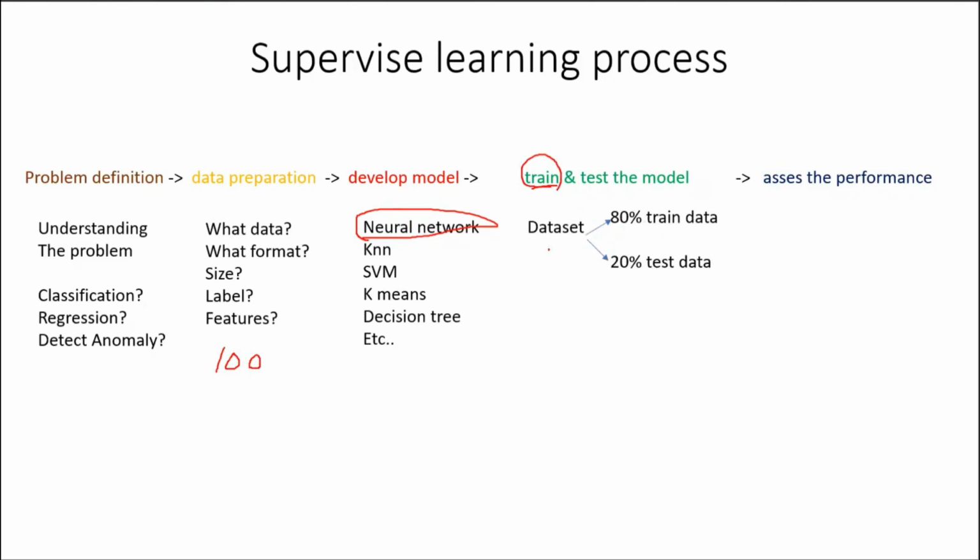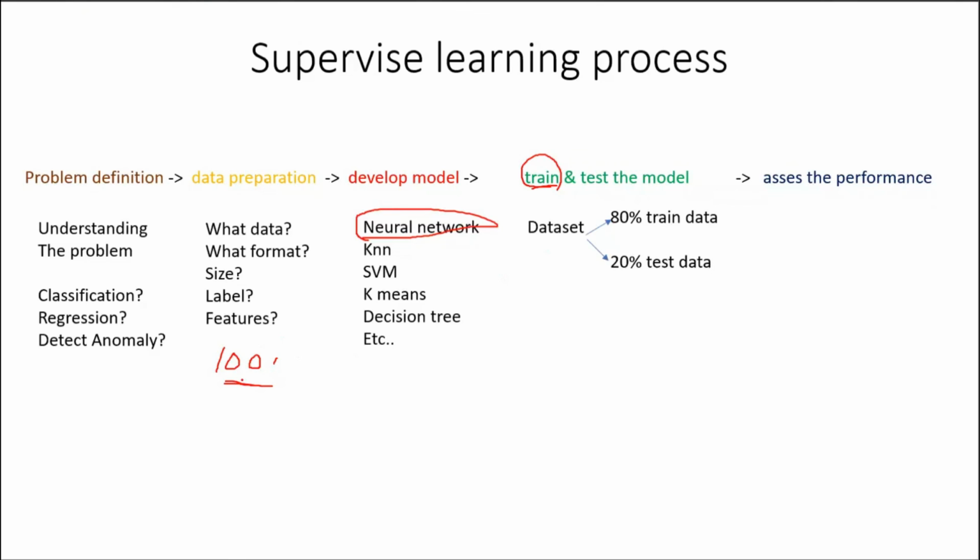Train means you let the model learn from 80 images. We're going to train the model on 80 images, 80%, of this data. You provide 80 images to the model to analyze each of the photos, and we know the label.